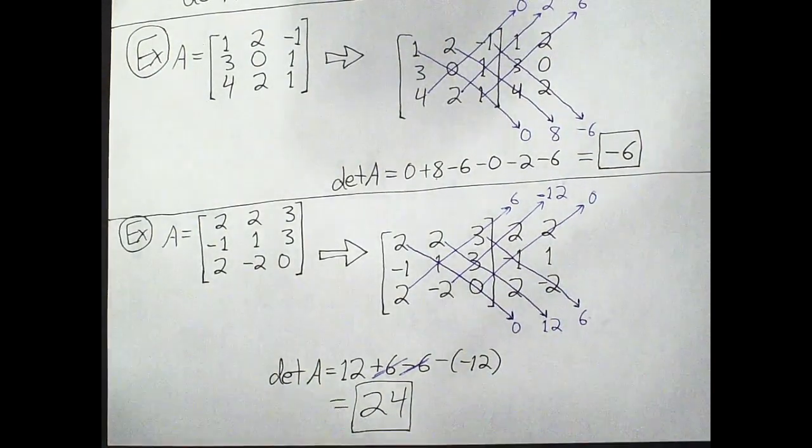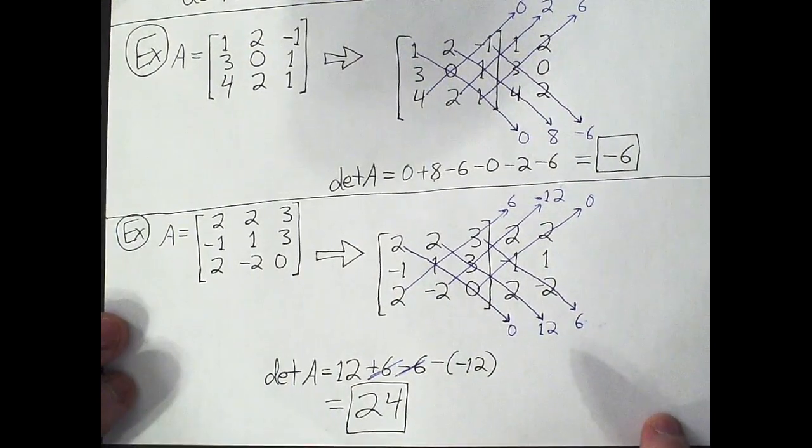So what do you think about this method? It's a little weird. We're not going to see anything else like this in this course. It's just a trick for 3x3 determinants. Also, by the way, we didn't prove that this works, but there's a simple way to prove that this works.